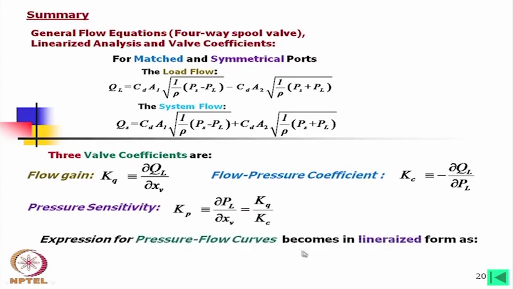The expression for pressure flow curves becomes, in linear form, del QL is equal to KQ del XV plus KC del PL. Okay. This is the flow gain and this is the flow pressure coefficient.